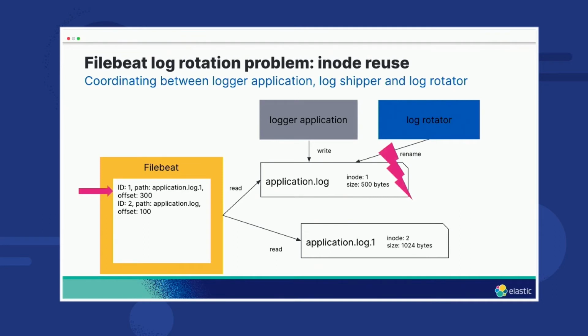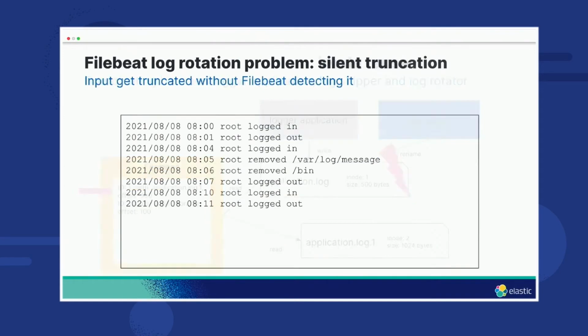But Filebeat already has an entry for that in the registry. As the new file is bigger than the stored offset in the registry, the beat cannot detect the rotation event. Thus, it starts reading the new file from the incorrect offset.